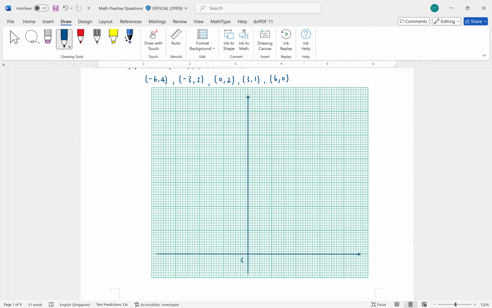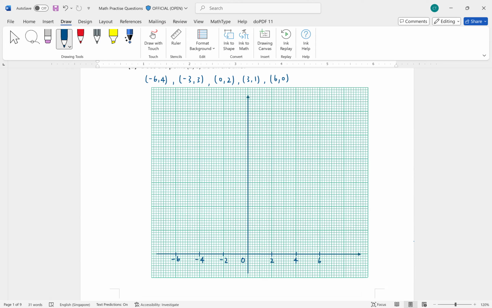So 0 is here. For x we need negative 6 to 6, so we can put negative 2, negative 4, negative 6. Going this side, 2, 4, 6.